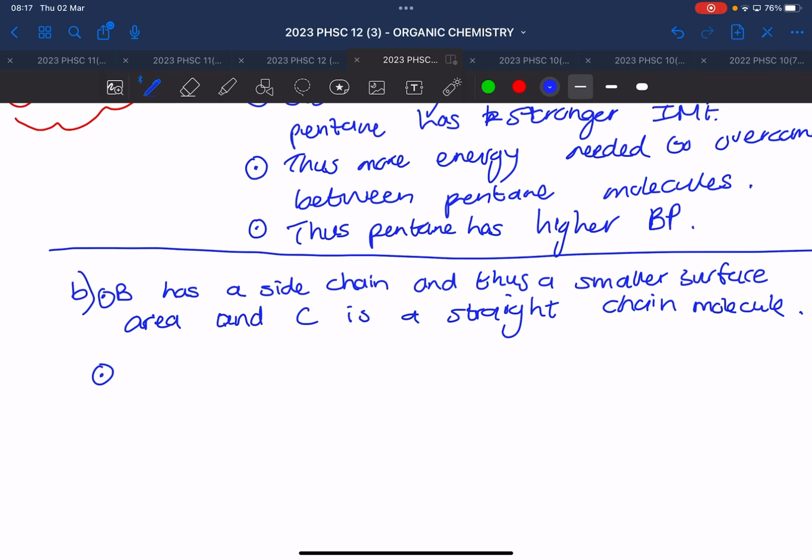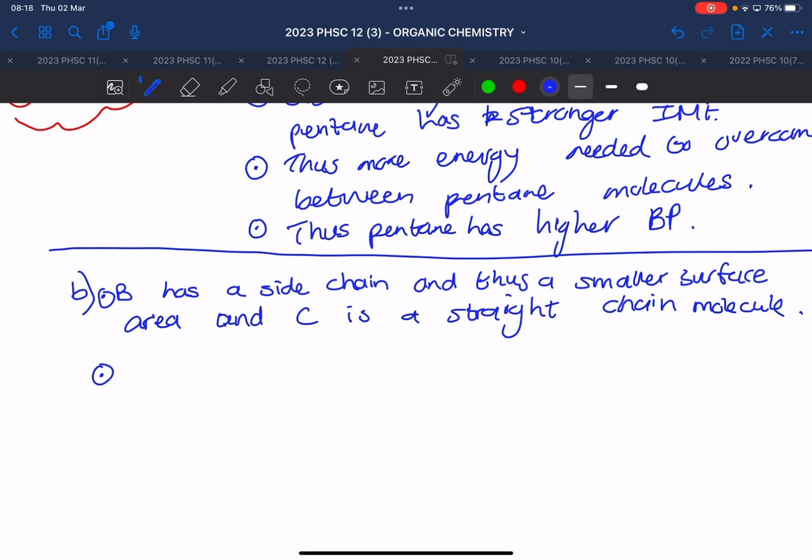Then the next thing is the intermolecular force. Declan, how will that impact or influence the intermolecular force? Which one will have a stronger or a weaker one? Say again, which one?